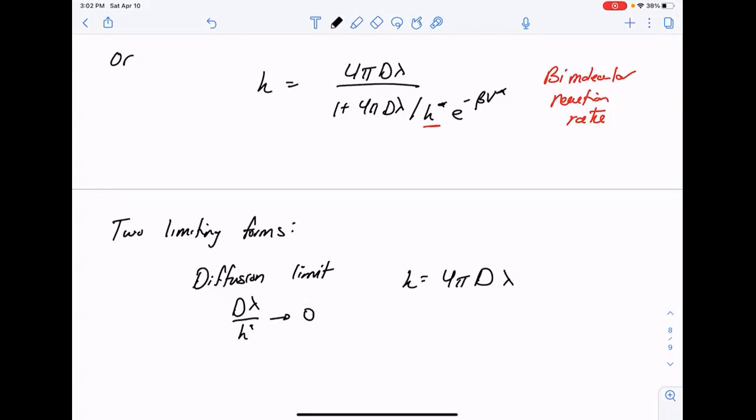So again, this is a limit where the intrinsic rate of reaction, the barrier crossing event, is large relative to the time it takes for molecules to find each other as given by their diffusion constants.